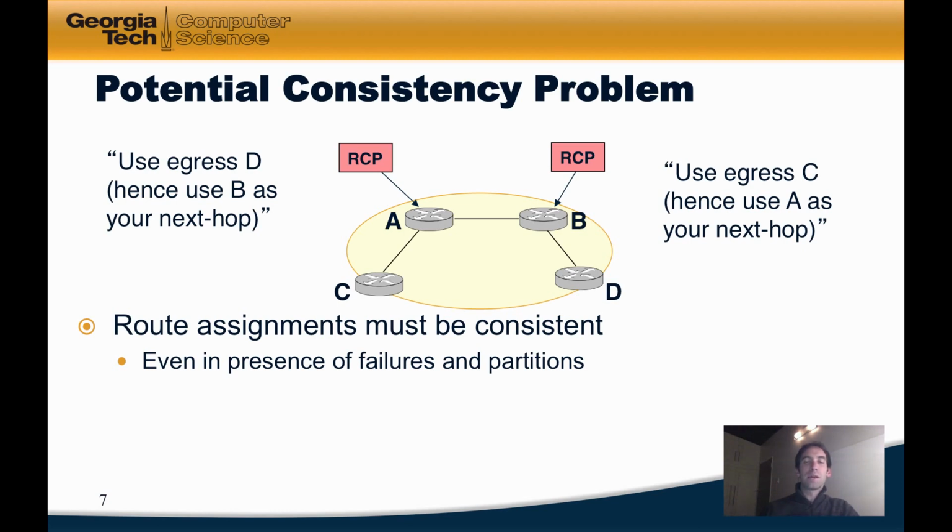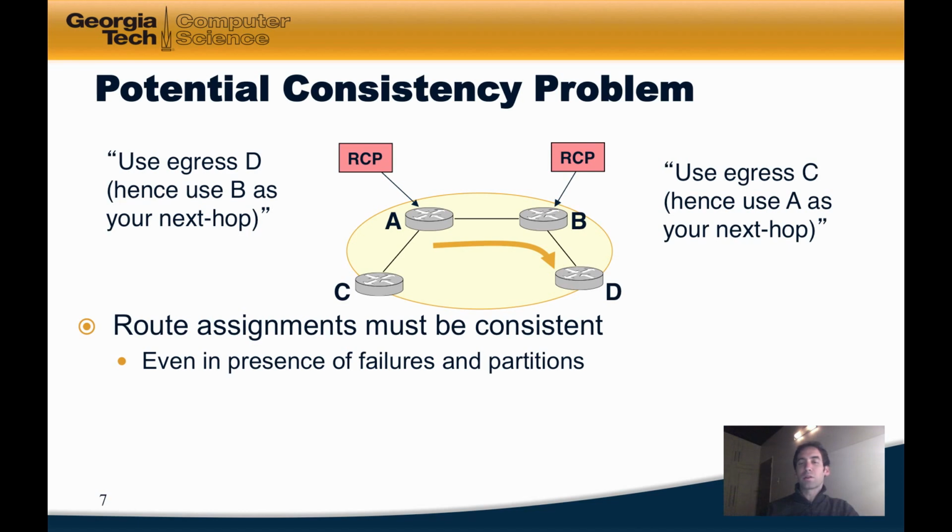The RCP on the left might compute an egress route for router A that says use egress router D to reach a particular destination, and hence use router B as the next hop to reach the egress router D.